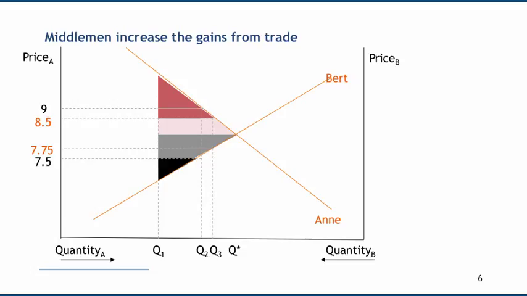Similarly, the increase in the producer surplus for Bert due to the middleman as we move closer to the original hypothetical starting point. The presence of the middleman creates more trading possibilities because Q3 is bigger than Q2, and it moves us closer to the efficient position of Q star.